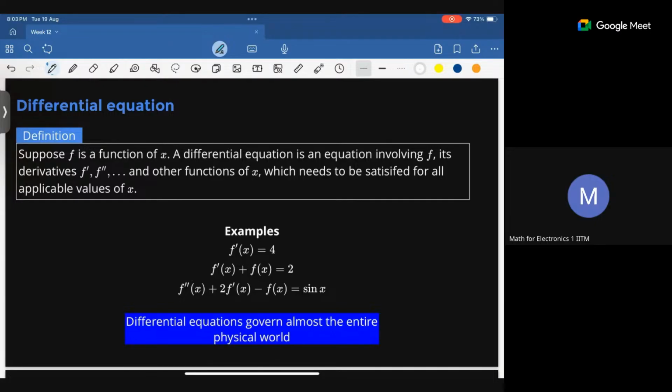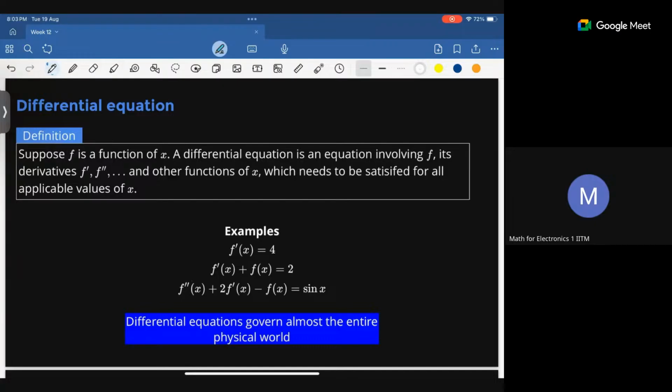In week 12, we are going to see another topic in the world of mathematics, right? Which is ordinary differential equations, and we wanted you to get used to this concept because all the circuits that you are going to learn right now, and which you might be seeing in future, mostly they are all governed by some differential equation.